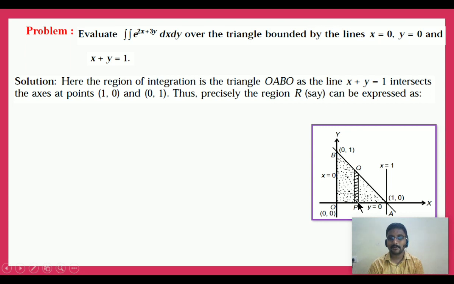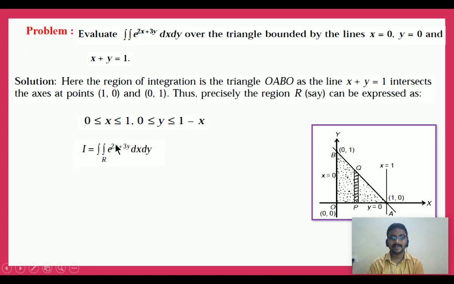The strip's lower part touches the x-axis, so y equal to 0. The strip's upper part touches the line x plus y equal to 1, which implies y is 1 minus x. Thus y varies as 0 to 1 minus x. And the x limits are the ordinates at 0, 0 and 1, 0. Clearly x varies as 0 to 1. So x varies as 0 to 1 and y varies as 0 to 1 minus x.